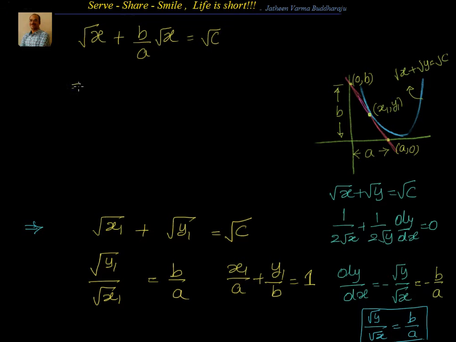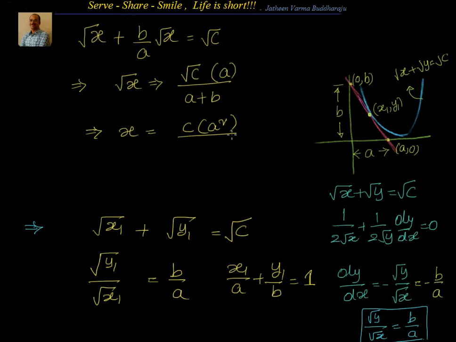So that gives me root of x equal to root of c into, I will have a root x plus b root x, so root of c into a by a plus b. Or can I say x equal to c into a square by a plus b whole square.